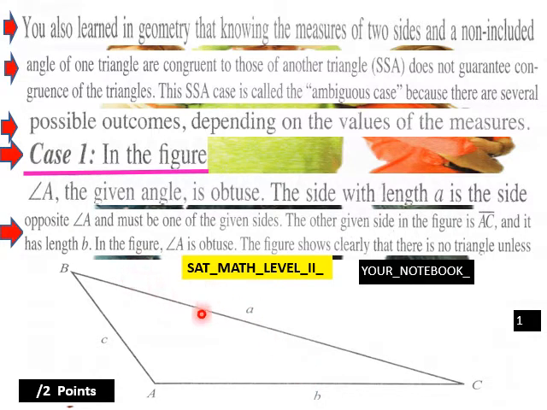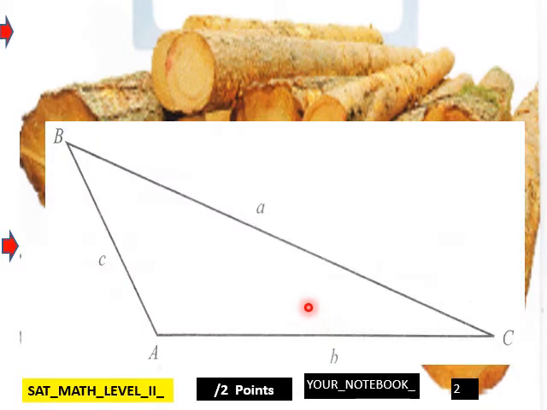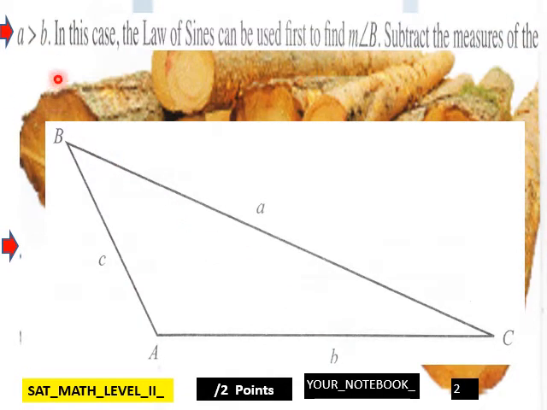In the figure, angle A is obtuse. The figure shows clearly that there is no triangle unless a is larger than b. So the length of a has to be longer than b. Otherwise, you're going to have a side that's just hanging somewhere like this.